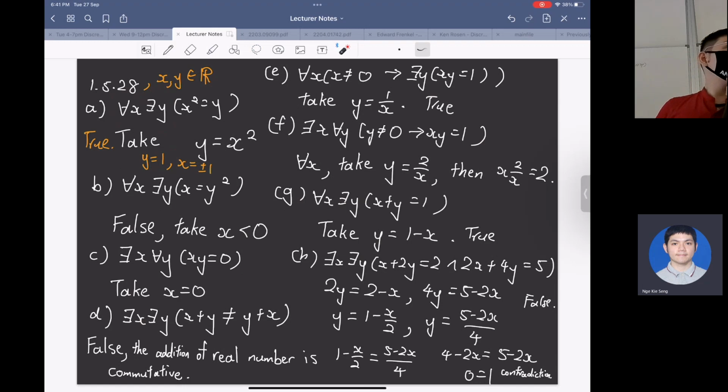Y is a function of X. Y has to be a function of X. So what Y can you take? You want Y to be what? See the question. You want Y to be X squared. So you just take Y to be X squared.